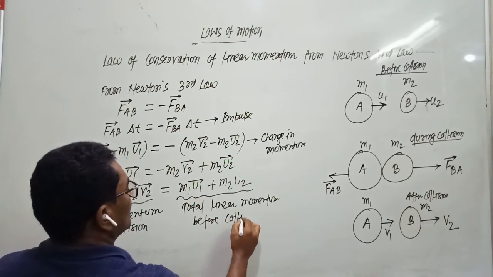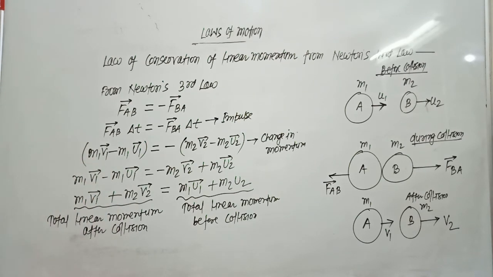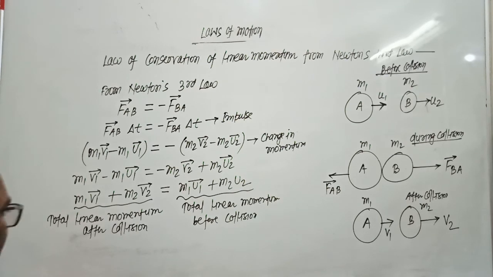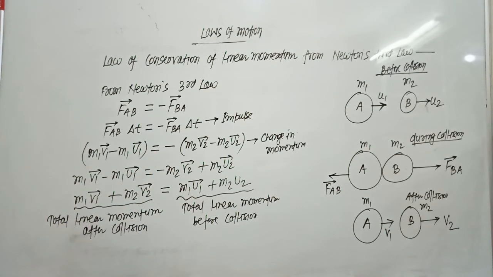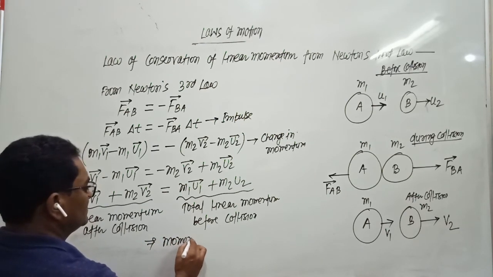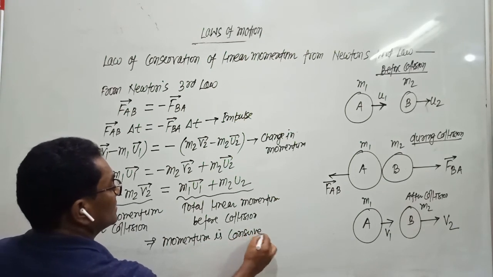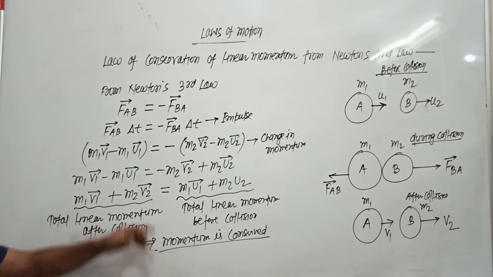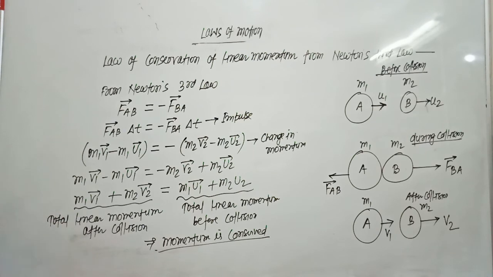Since the total linear momentum after collision is equal to the total linear momentum before collision, therefore momentum is conserved. So this is the conservation of linear momentum from Newton's third law of motion.